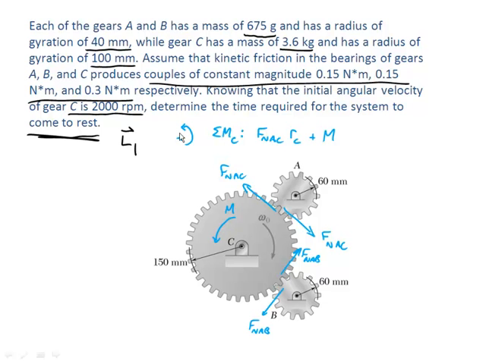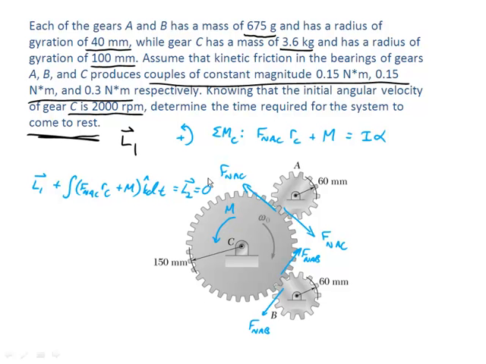So that's the net moment. That, of course, will equal I alpha. But more importantly, the net moment is going to give me L1 plus the integral of FNAC RC plus M dt. These are all in the positive k hat direction. And this will equal L2, and since it's coming to rest, that's going to be equal to 0.